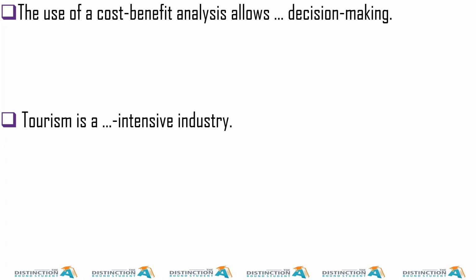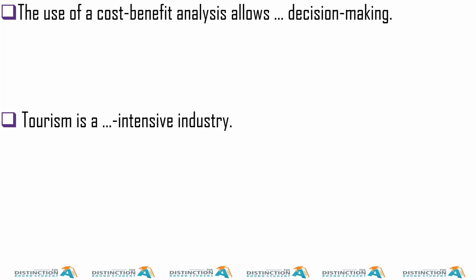Right, the next question. The use of a cost benefit analysis, CBA: when we look at costs, and then we look at benefits, and our benefits outweigh the costs, then we say the project is feasible. Because if the costs outweigh the benefits, then we are not going to embark on that project, because we lose more money than what we get from it.